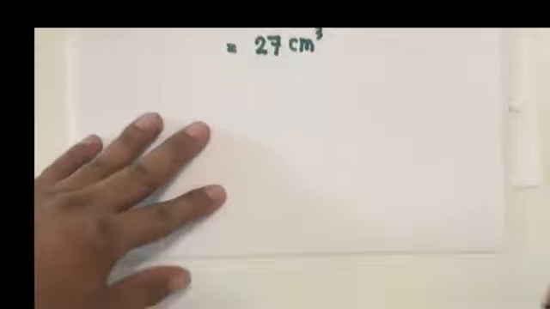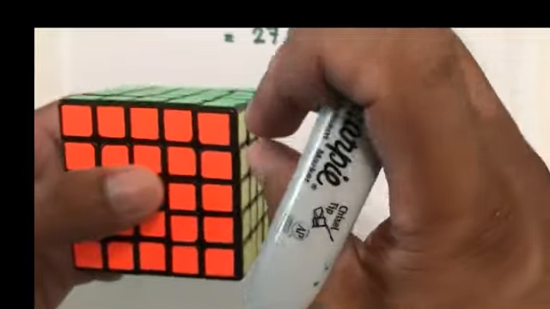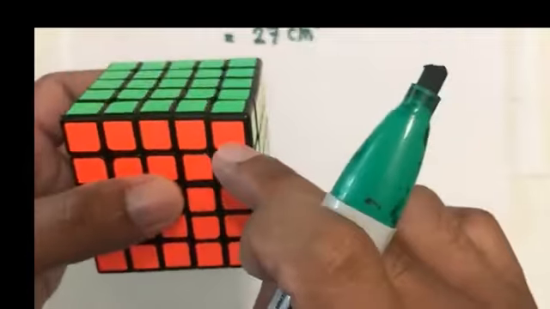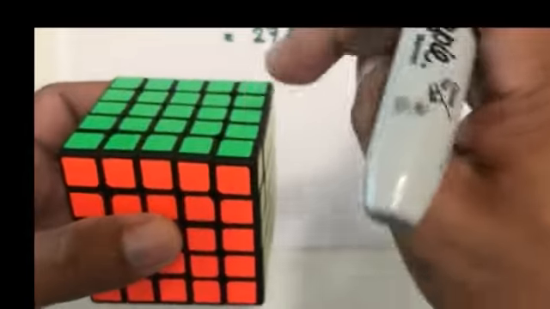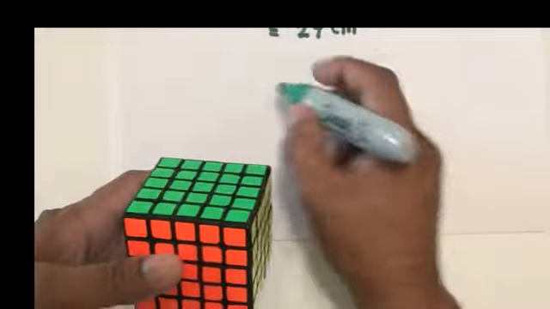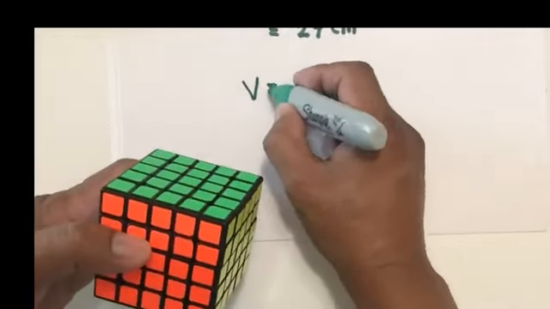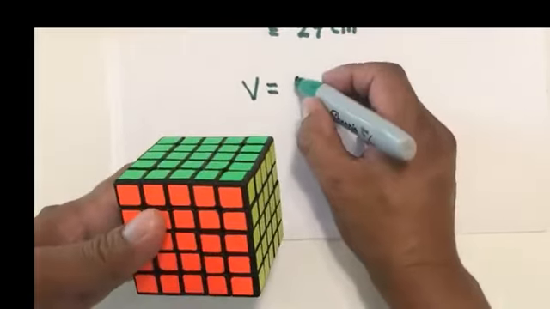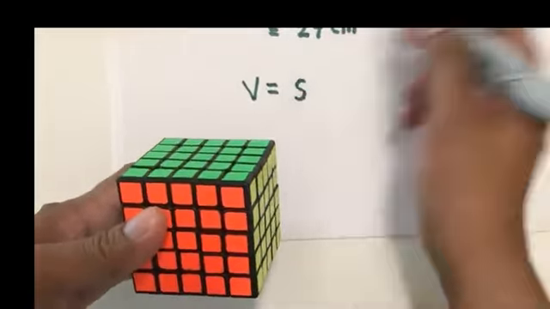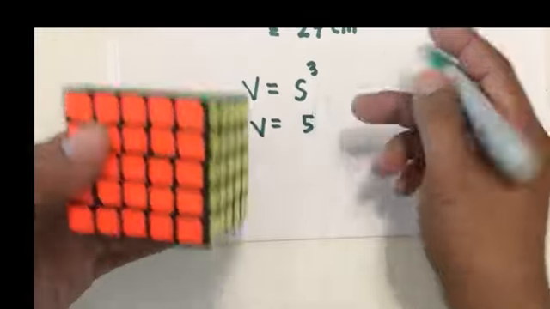What if we have this 5x5 Rubik's Cube? What is the volume of this? Again, you think of the volume as the number of these smaller cubes that can fit into the 5x5 cube. To find the volume, it's easy to compute. You just have to multiply the side times the side times the side. So V equals 5.